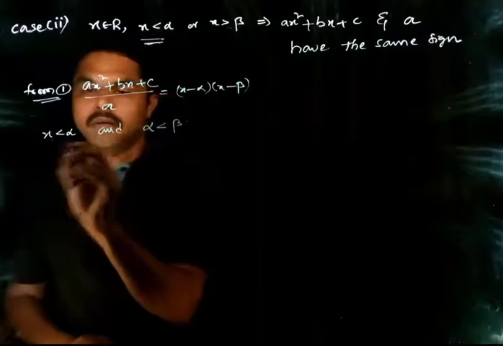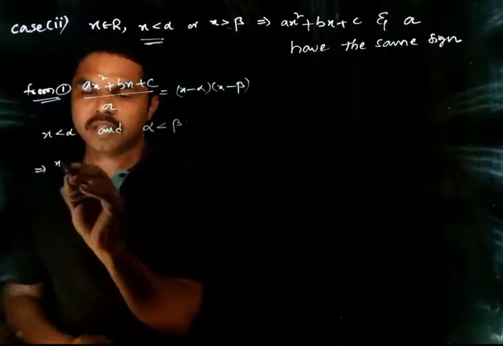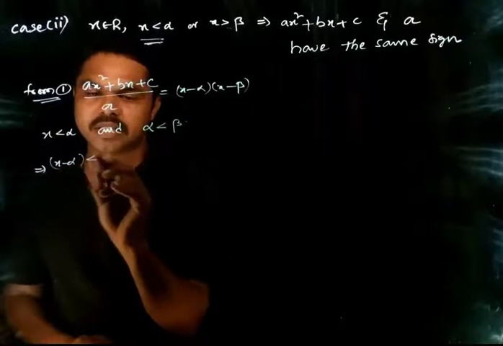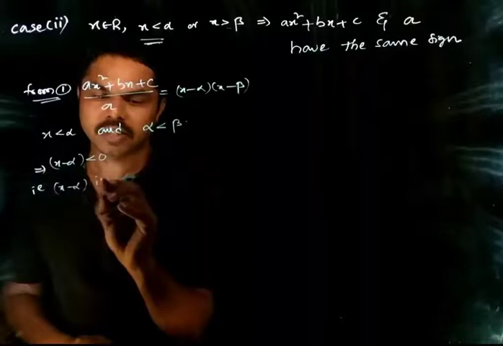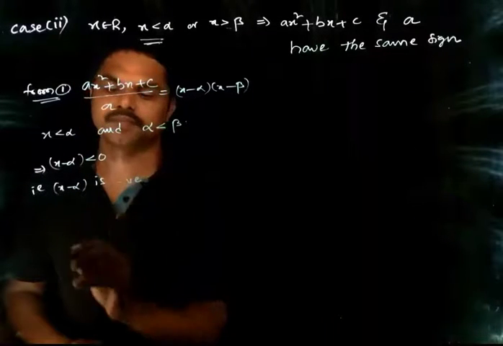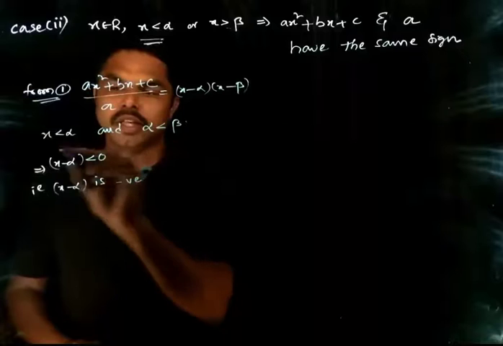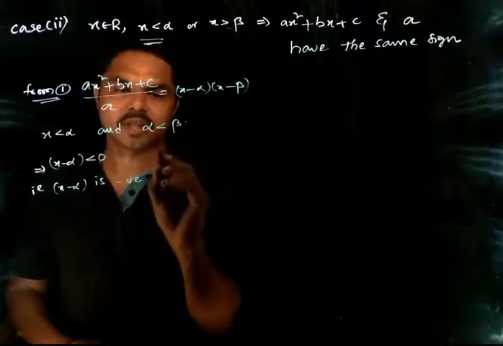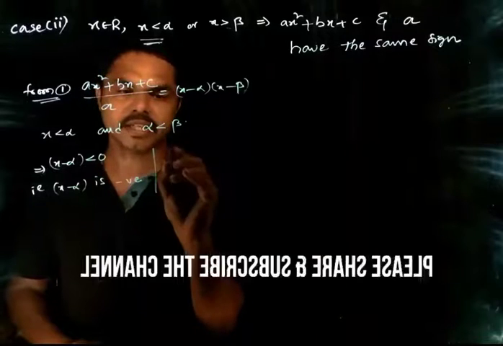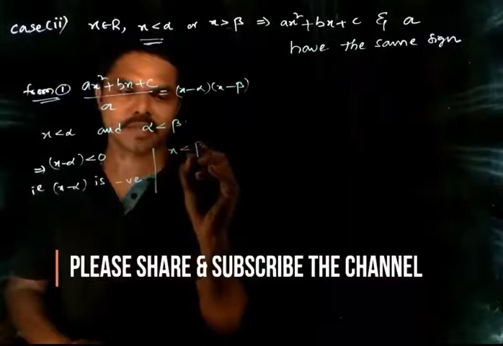When x less than alpha, it is very clear x minus alpha is less than 0, that is x minus alpha is negative. Right, here we have x less than alpha and alpha less than beta. So we can write here x is also less than beta.